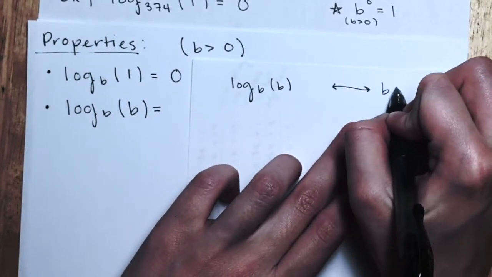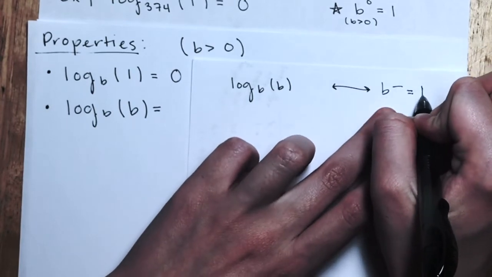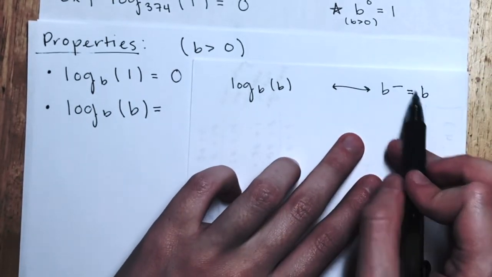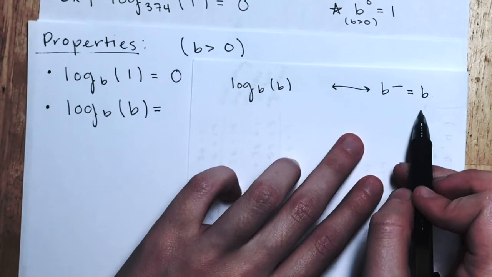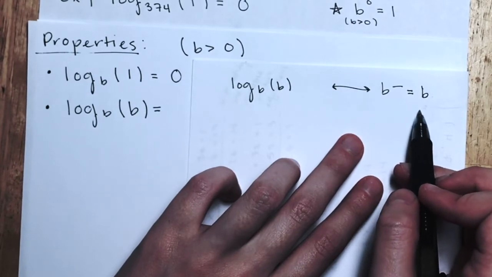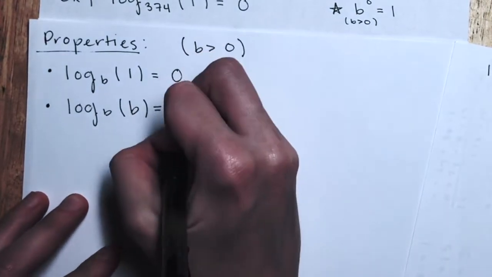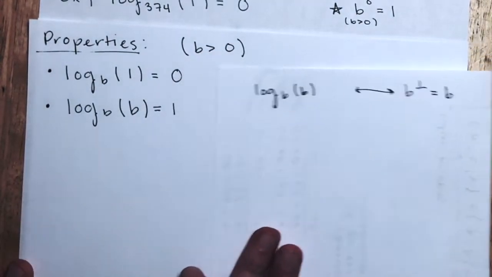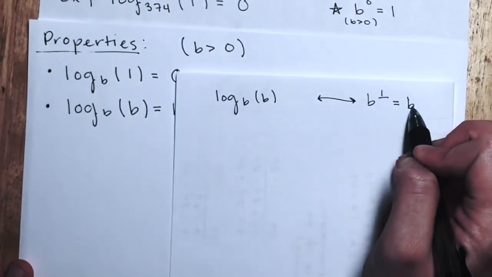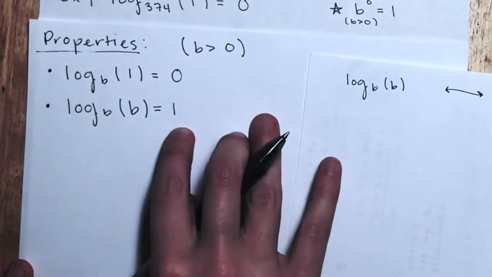So we're asking, what do I raise b to get b? B to the what gives itself? It's just 1, right? Something raised to the 1 is itself. So that's easy.